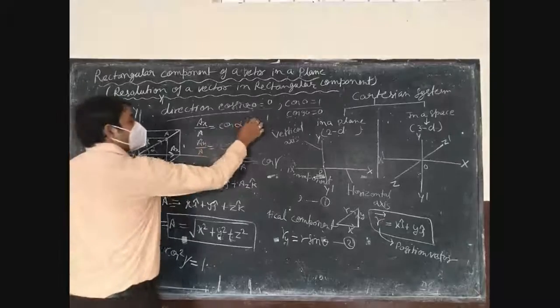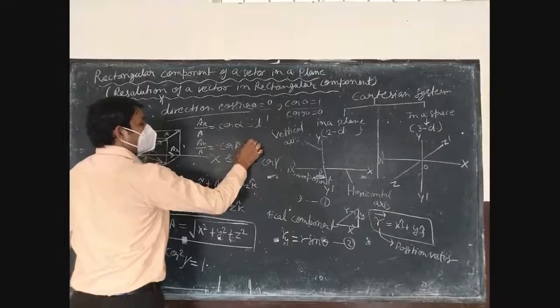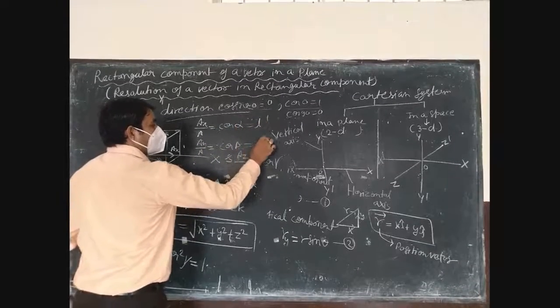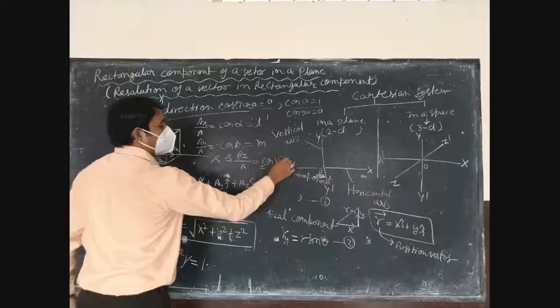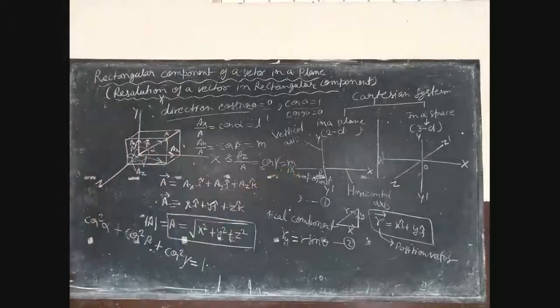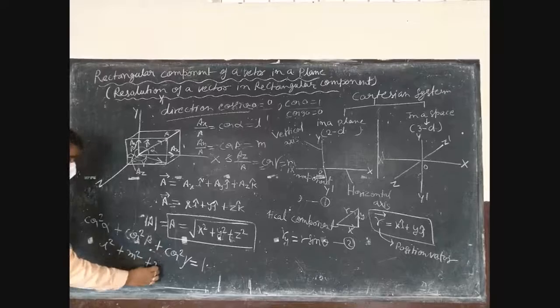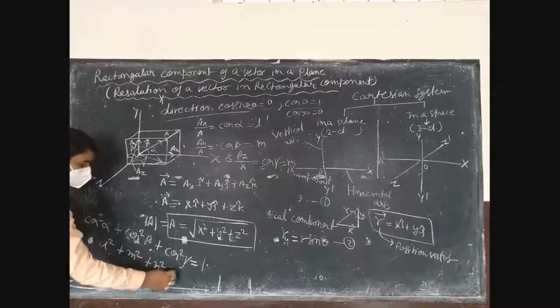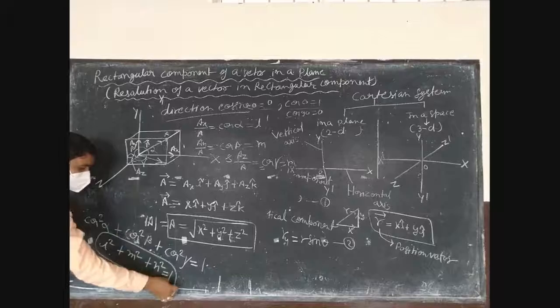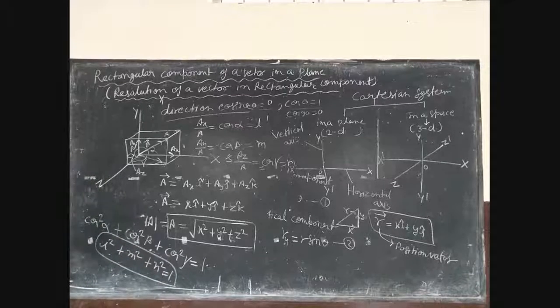This value is called L, this value is called M, and this value is called N. So in place of cos alpha use L square, in place of cos beta M square, in place of cos gamma N square. This is equal to 1, and this is called the relation between the direction cosines in 3D or three dimensions. Okay, thank you.